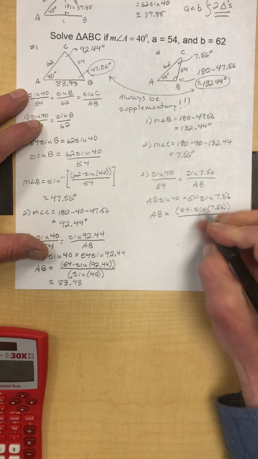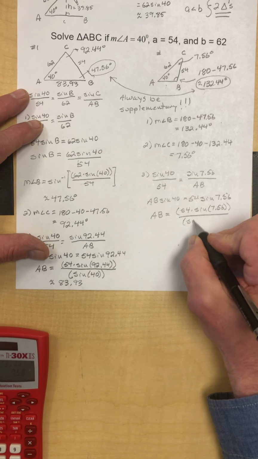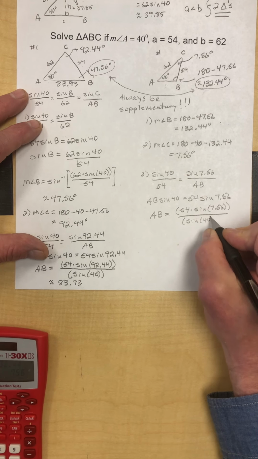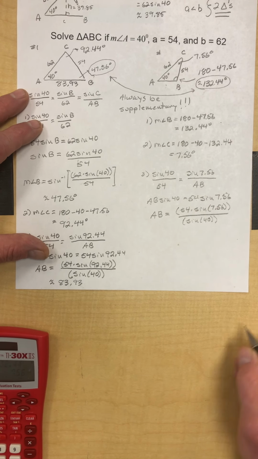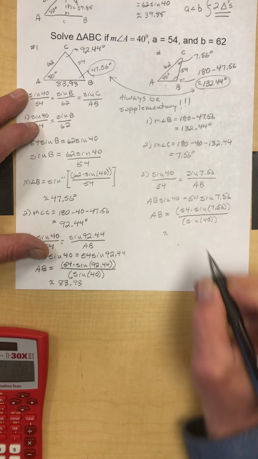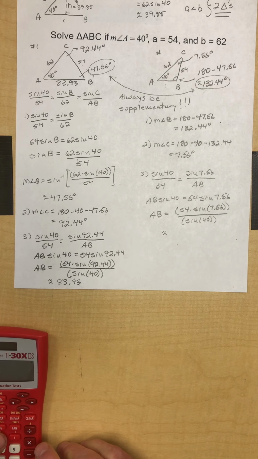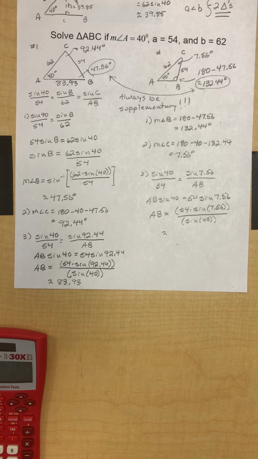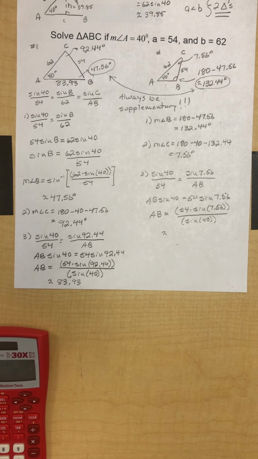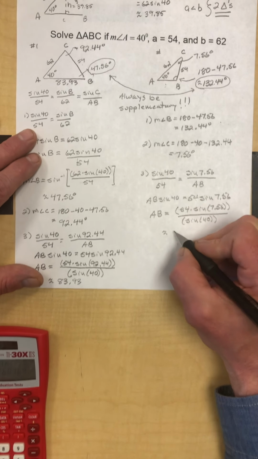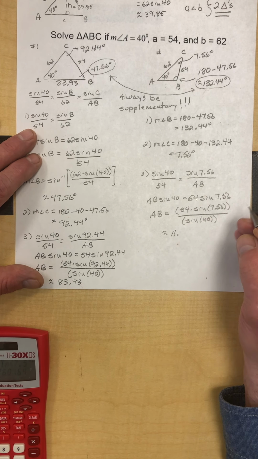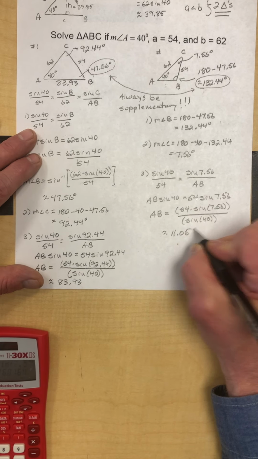So parenthesis, 54 times the sine of 7.56, parenthesis, divided by parenthesis, sine of 40, parenthesis, equals 11.05.